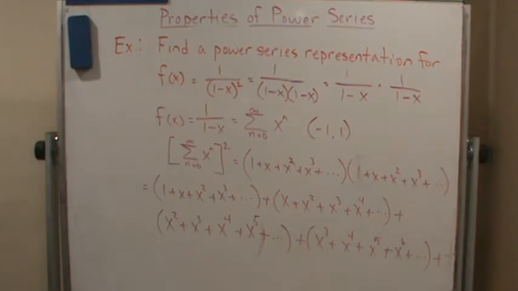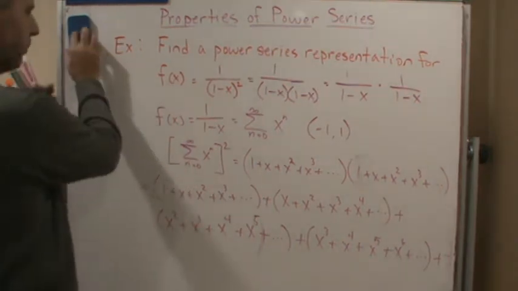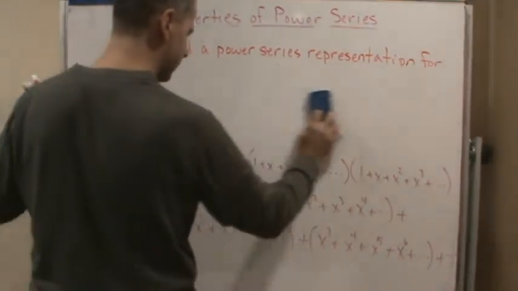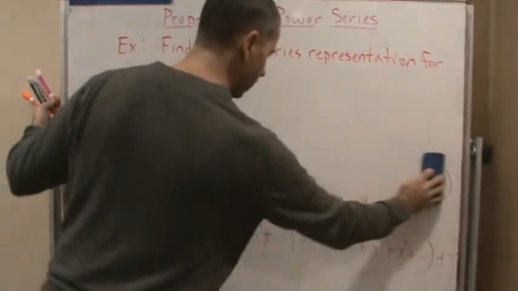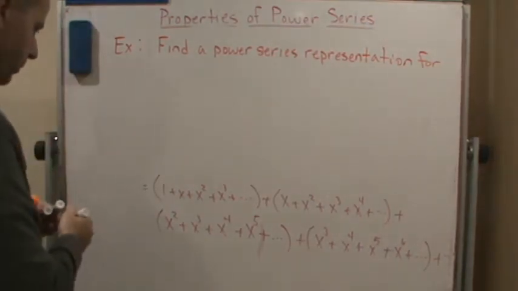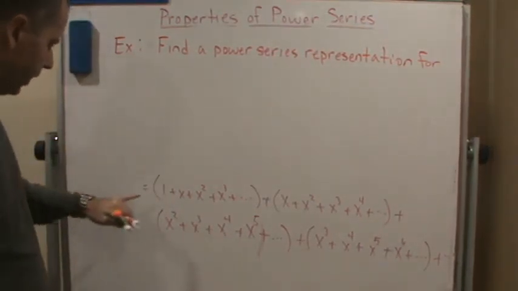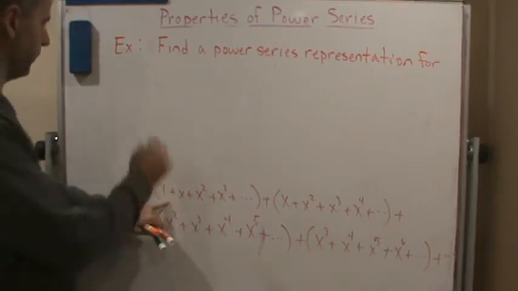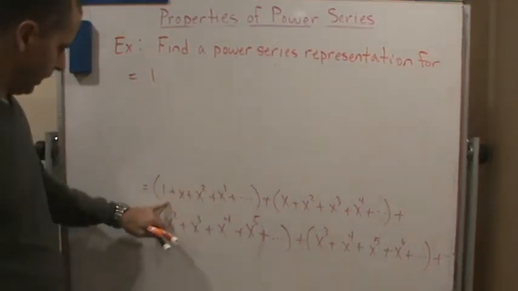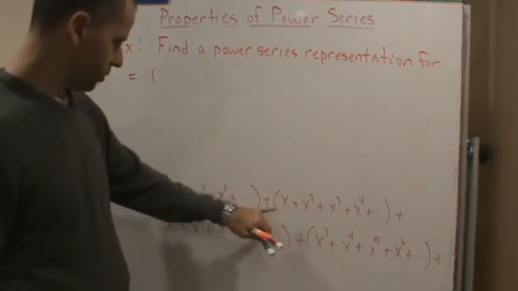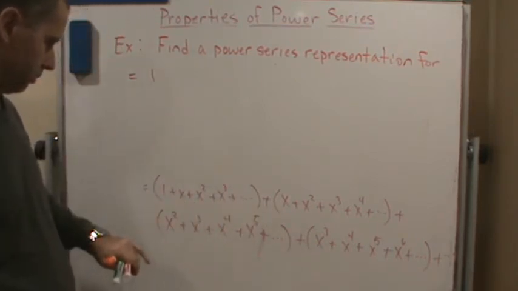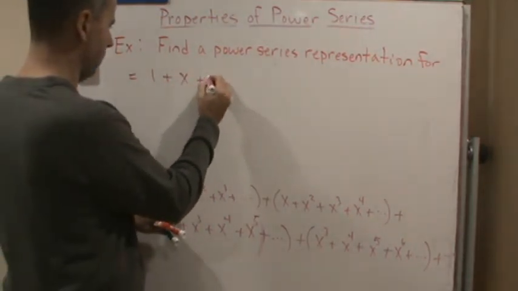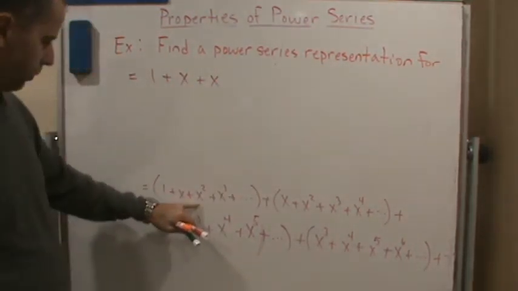Okay, so now let's do the same thing we did before and simplify this and see what we get. So again, here we got 1 times 1, so this is going to equal 1. And then how many x's do we have? We've got 2 x's, right? And then x squared, how many x squareds do we have?